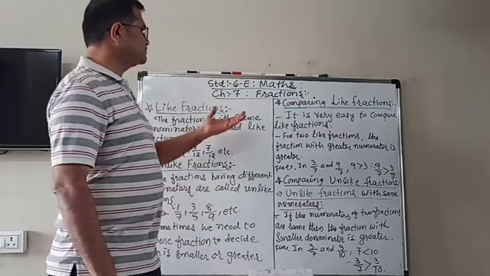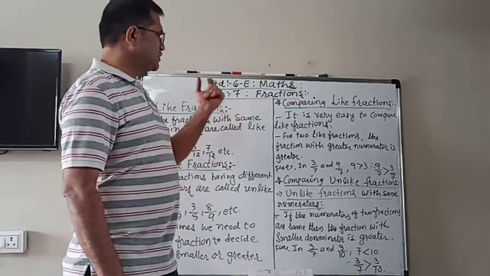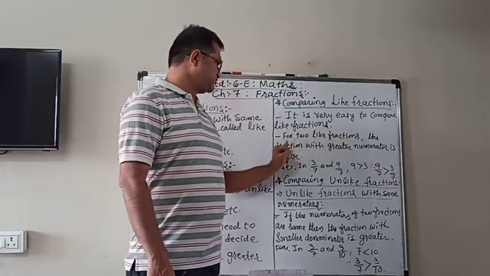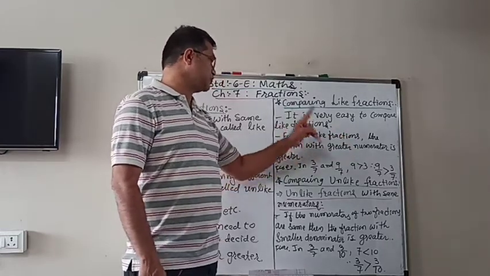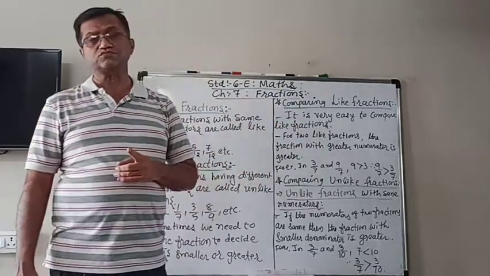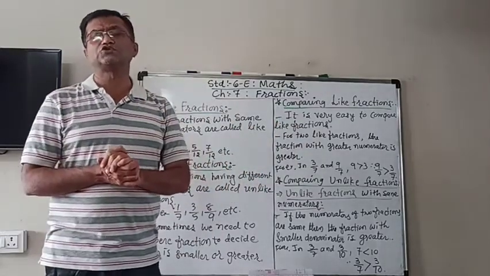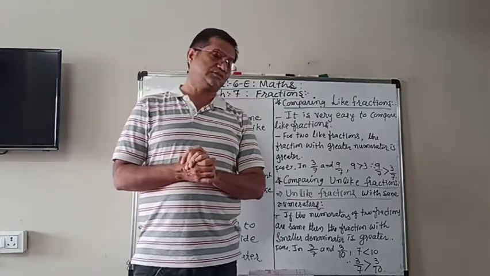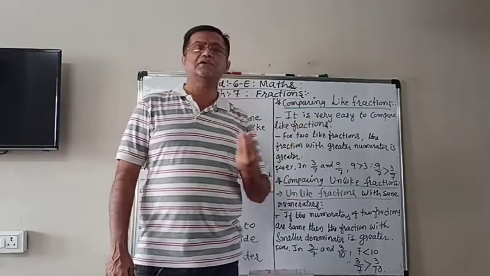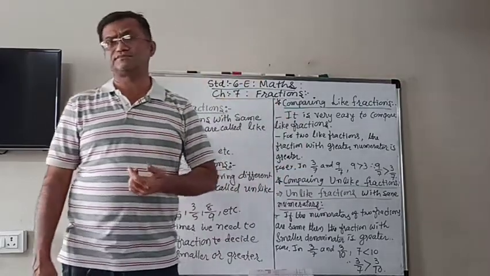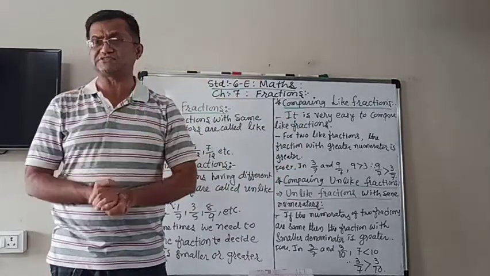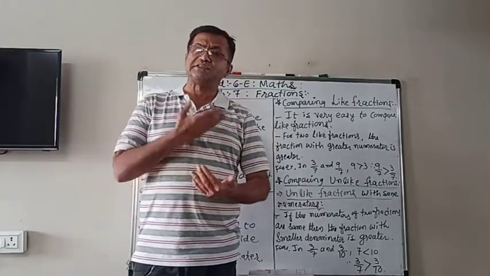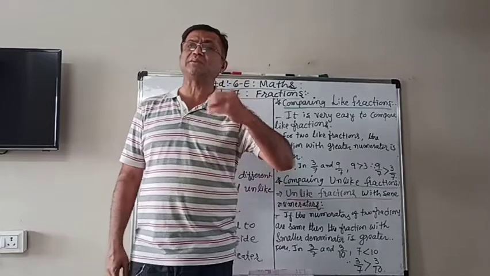For example, we will take like that. For two like fractions, the fraction with greater numerator is greater. So when we have two like fractions, as I told you, if the numerator is bigger, it means that we have taken more parts out of the total parts, and therefore that fraction will be greater.